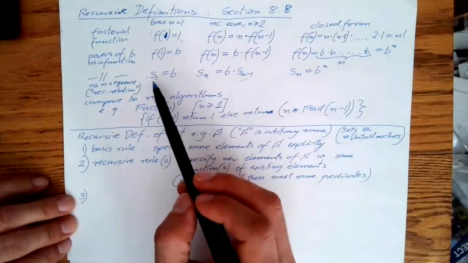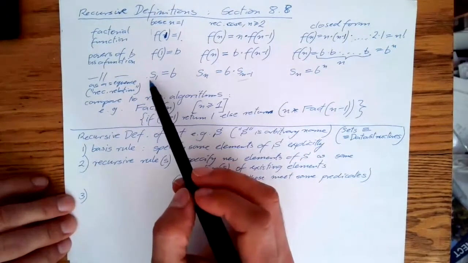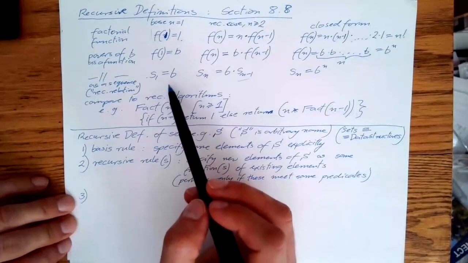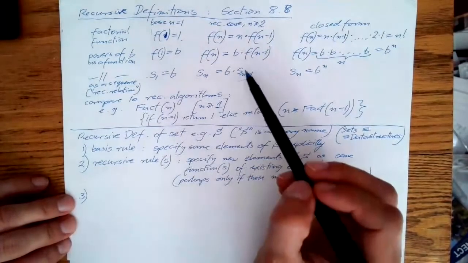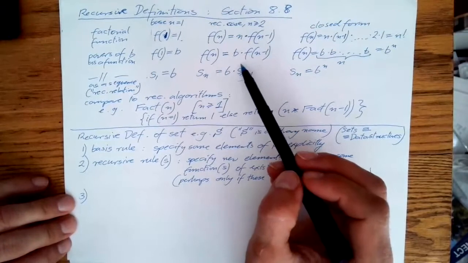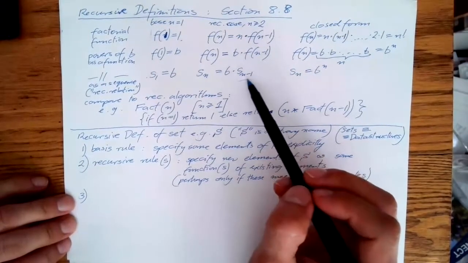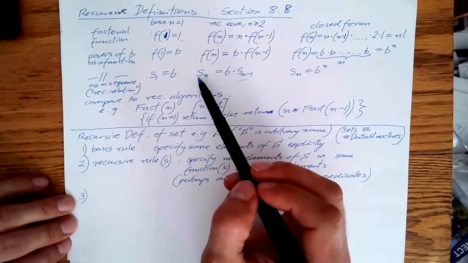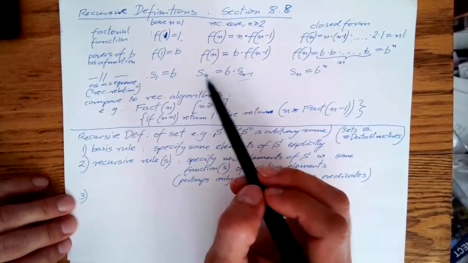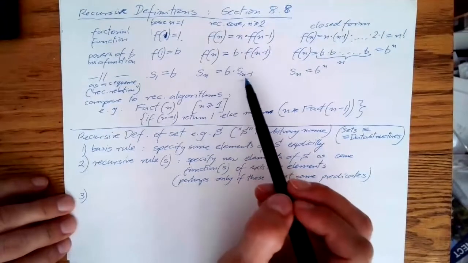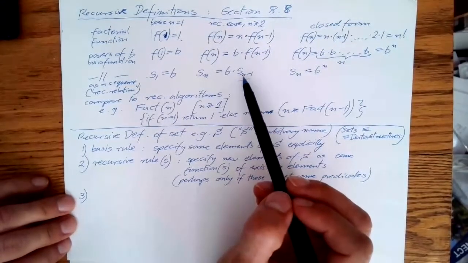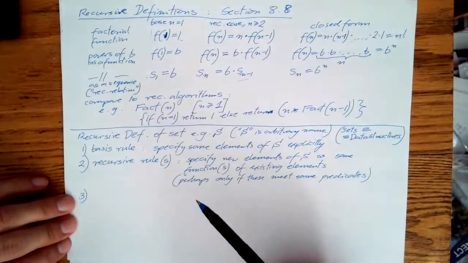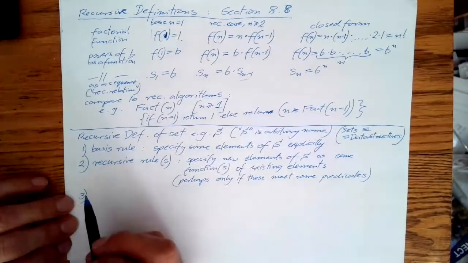We say that this set contains a guy we call S1, and we equate him with B. And then we say, well, if the set contains something like Si, then it will also contain Si plus 1, which will be equal to B times Si. That will be the case of the recursive rule.